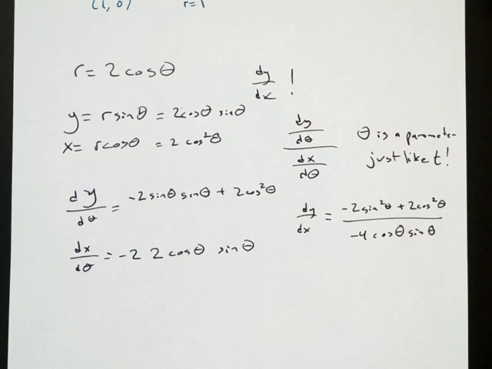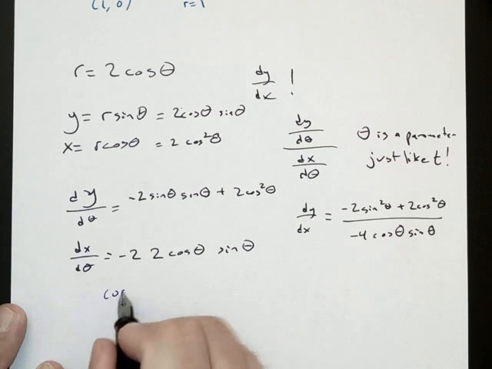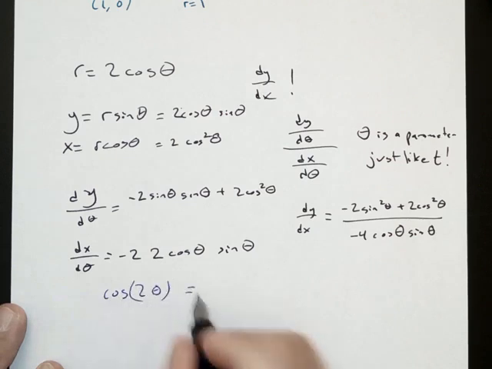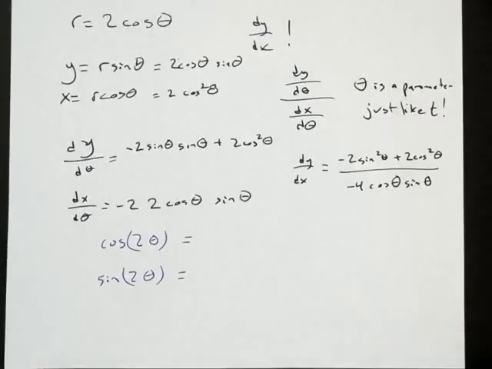I'm going to be just a little sneaky here. Please notice, I'm going to go back to chapter 7, our trig integrations, and pull out those same double angle formulas we used. What are those formulas?